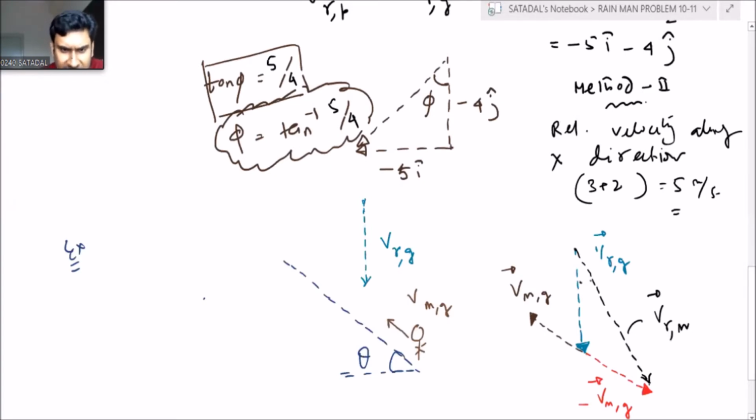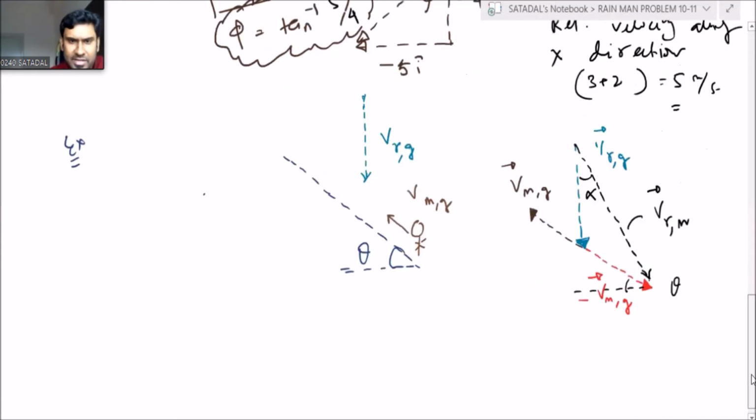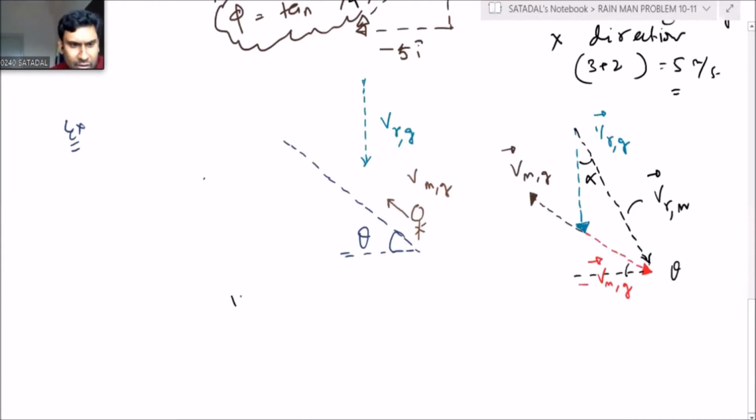Now if I take this angle to be phi or alpha, let us take this angle to be alpha. I have already taken this angle to be alpha theta, if you see. Correct. So what we have to do here now, I have to express these two vectors. I will write velocity of rain with respect to ground as a vector, let us say I'm simply writing VR, and the direction is along minus j cap.